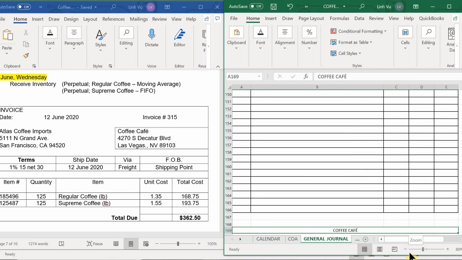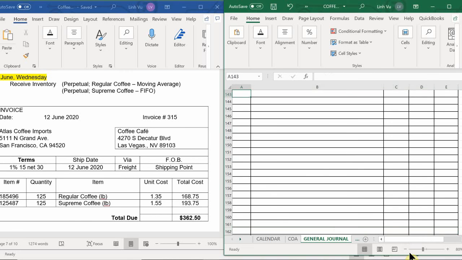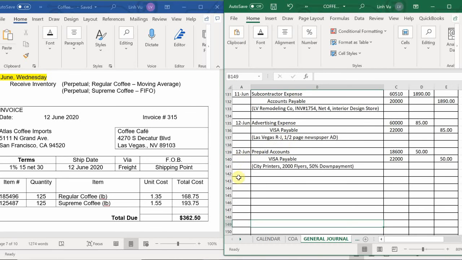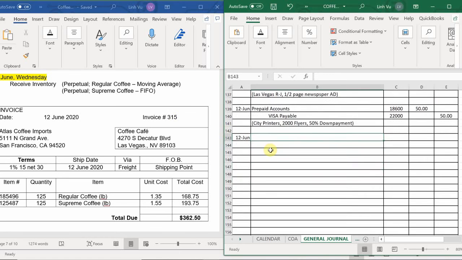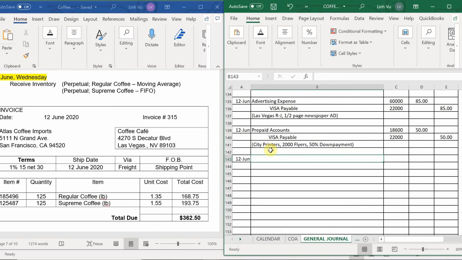Edit, undo. How do I receive perpetual inventory? It should be inventory, in this case coffee.